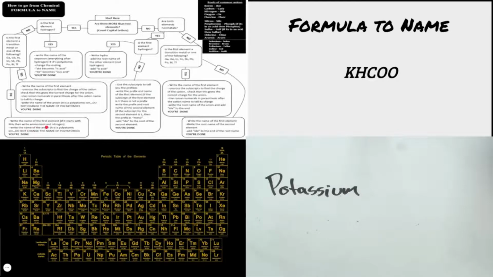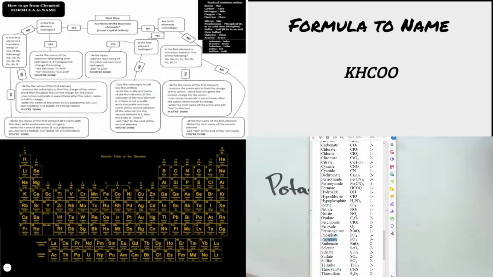And then I'm going to write the name of the anion. It is a polyatomic ion, so I do not change the name of the polyatomic ion. Now, the metal is your cation. Your anion is everything else. So HCOO, that's what I need to look for. I know it's a polyatomic ion, so I'm going to come over here and open up my polyatomic ion list, and I'm going to look for HCOO.